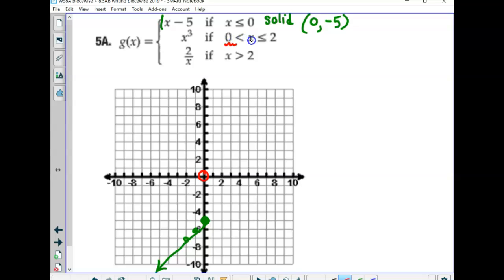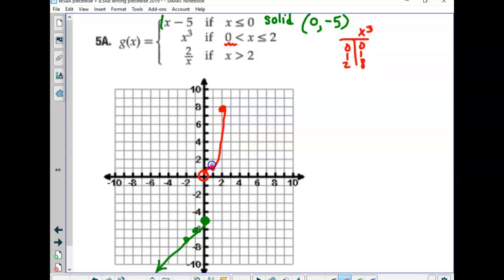Now, if you want to keep moving to the right, because it goes until 2, I would just quickly put in 0, 1, and 2, because it's only those points, into x cubed. You get out 0, 1, and 8, right? When you cube them. So it goes through 1, 1, but at 2, it's all the way up to 8. Now it is curving. Yeah, it should look like a curve.